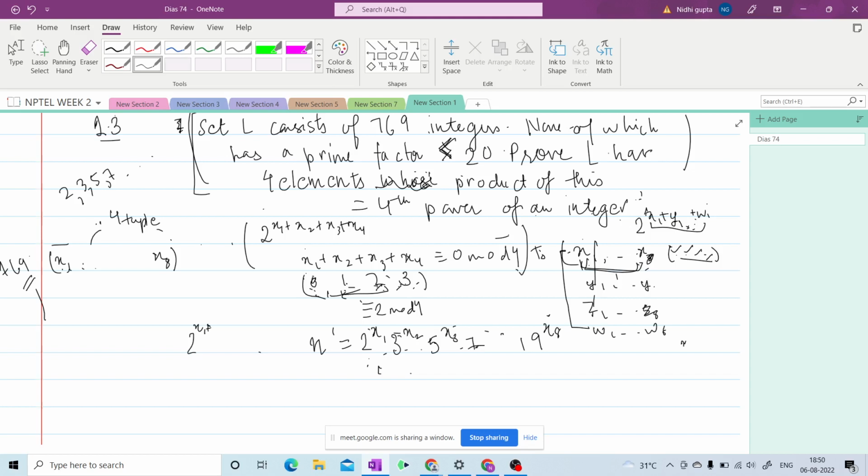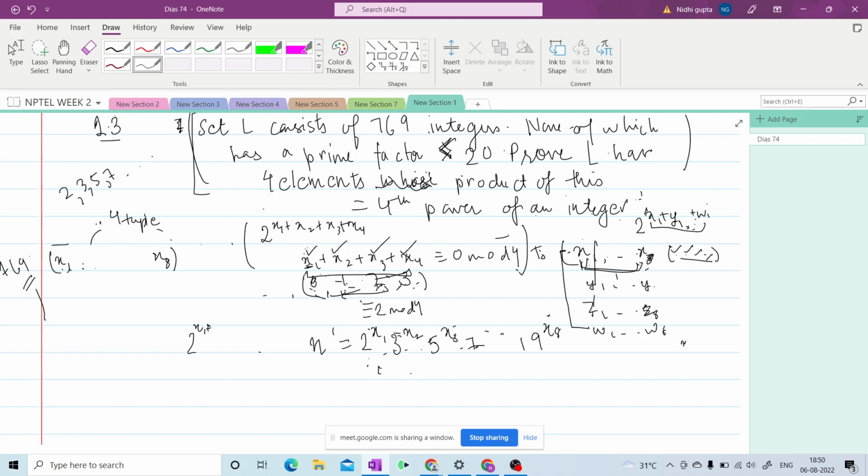Let's say we get a summation of 10. If this is an even number, this is an even number, this is an even number, and this is an even number, then won't the sum be divisible by 4? No.